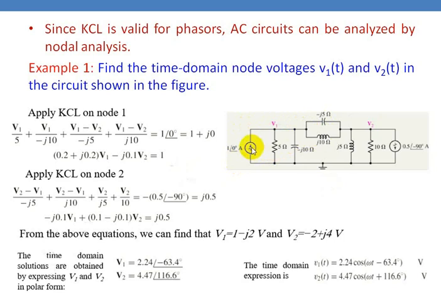Then this current, already the direction is given, it is just flowing towards the node. So therefore, if you're going to apply Kirchhoff's current law, then we can write that sum of the incoming currents equal to sum of the outgoing currents, or algebraic sum of the currents equal to 0.